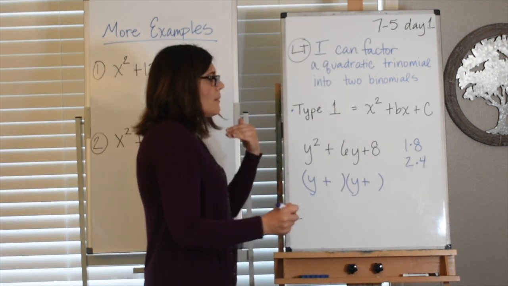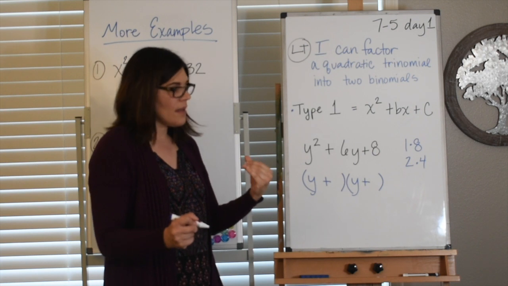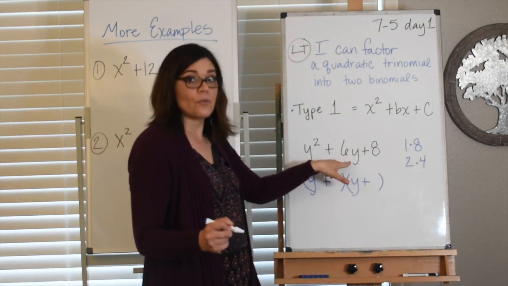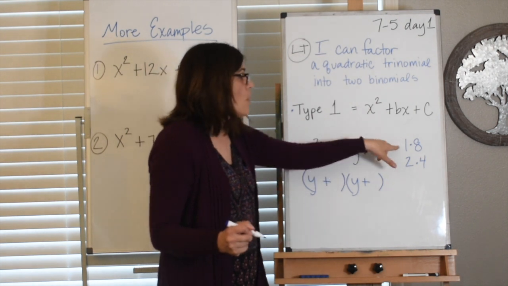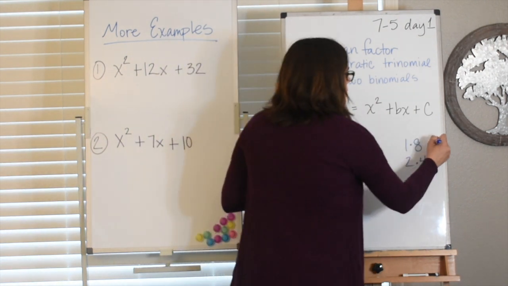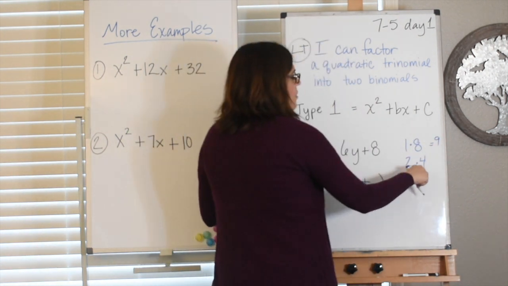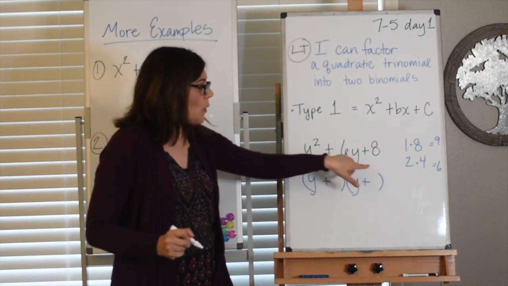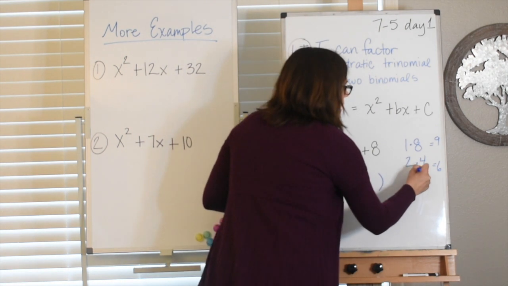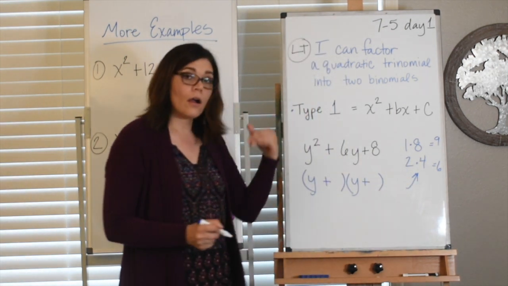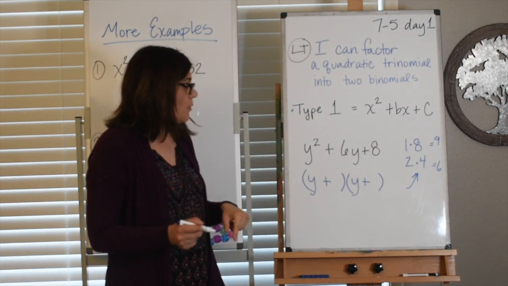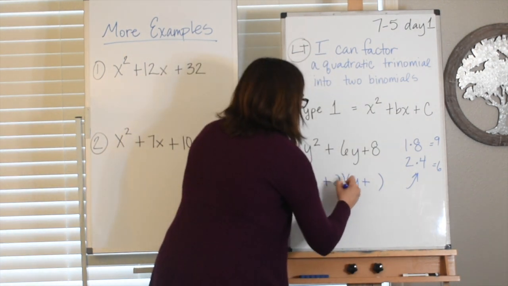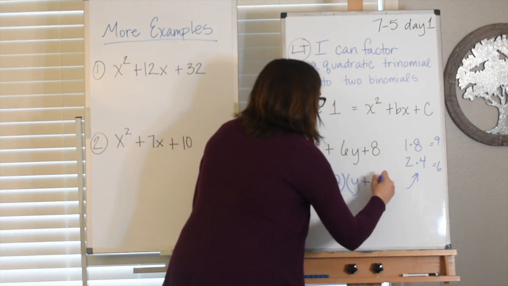And the way that I'm going to select the right pair is these 2 factor pairs need to add up to that middle term. So 1 plus 8 is 9, and 2 plus 4 is 6. And my middle term is 6. So I know that this pair right here, 2 and 4, are going to be the pair that goes in my binomial. And it doesn't matter which one I write first or second. So I'm going to write y plus 2, y plus 4.